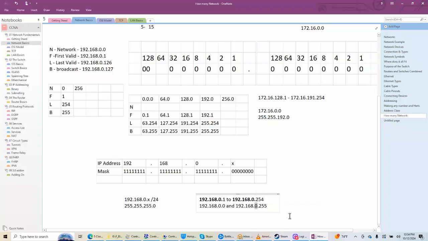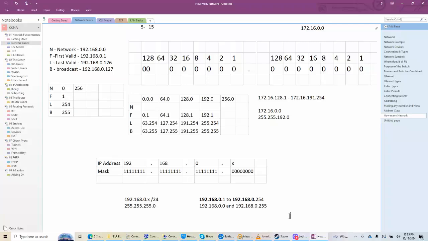Now, what is a private IP address? Private IP addresses versus a public IP address. A private IP address is an address that does not get routed via an ISP. Could it? Yeah, if they didn't actually put a block on that IP address to be routed. But by default, technically they should be denying that IP address to leave or to enter into their domain.